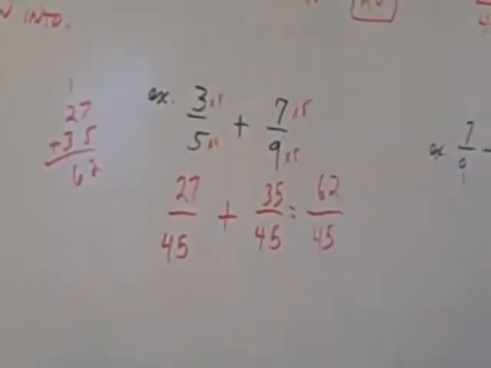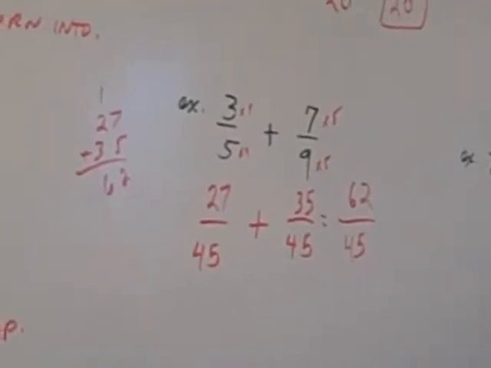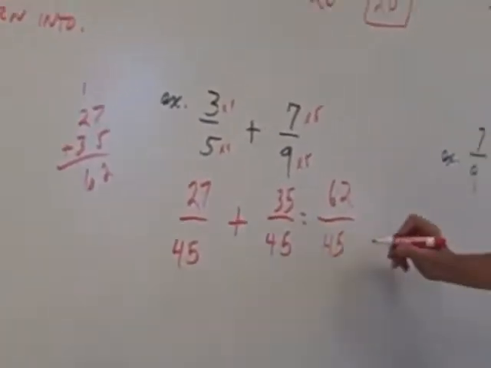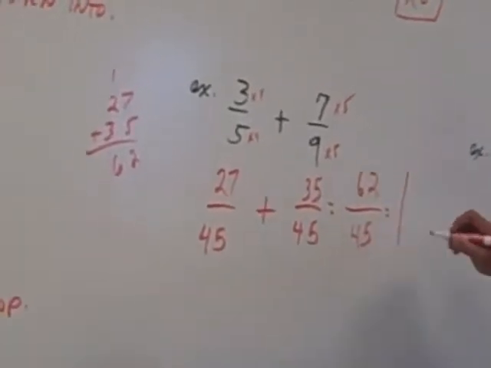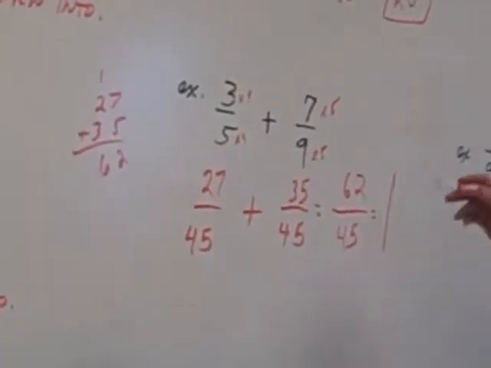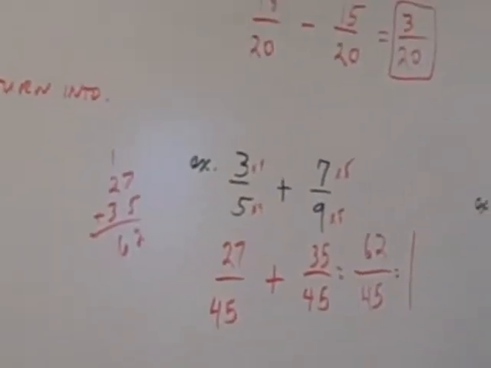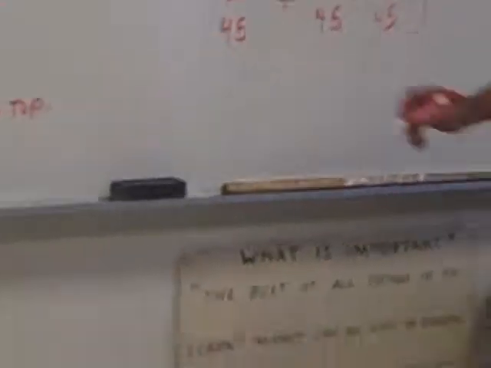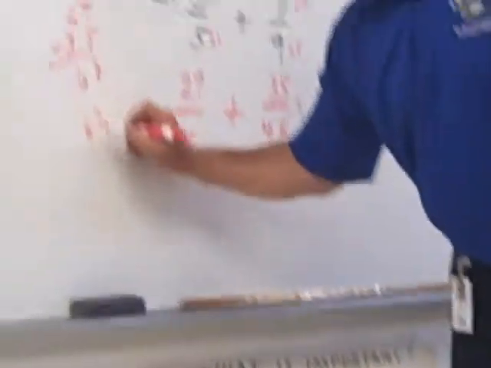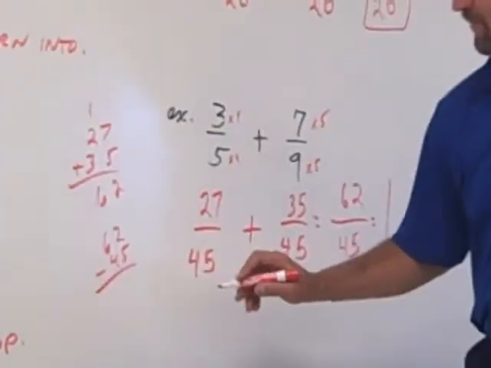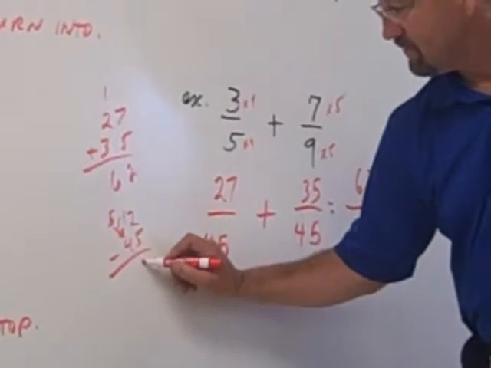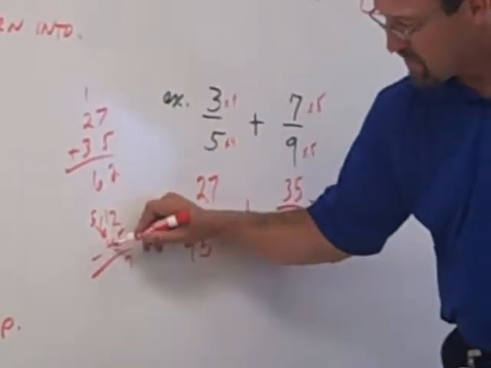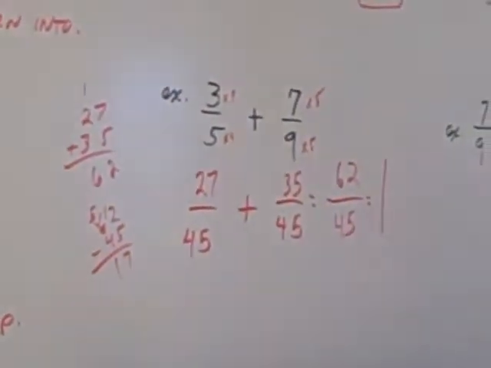Simplify. Which kind? Improper. How many 45s will come out of 62? Big 1. Now, when I take 45 out of 62, I have no idea. How about 62 minus 45? 17.